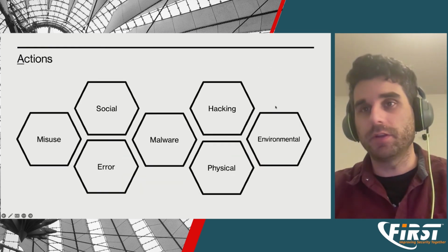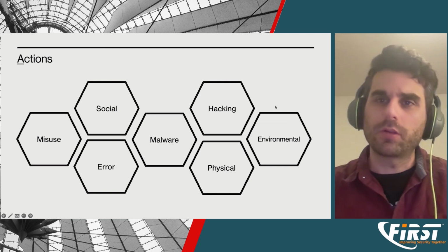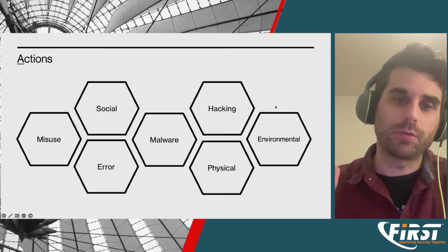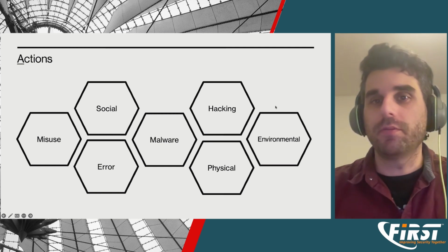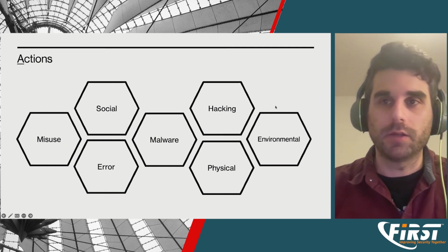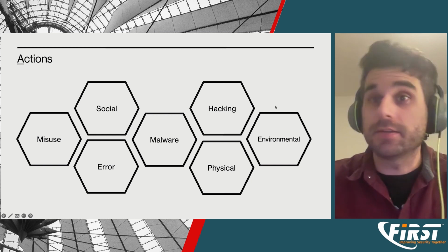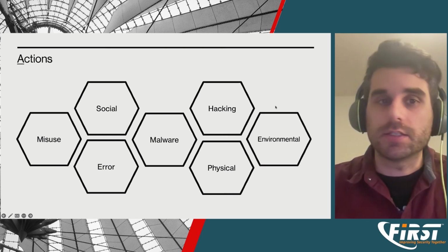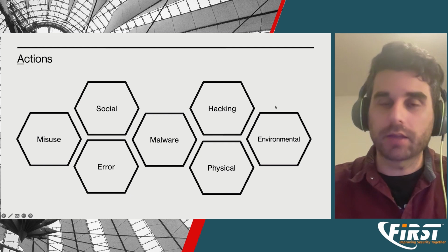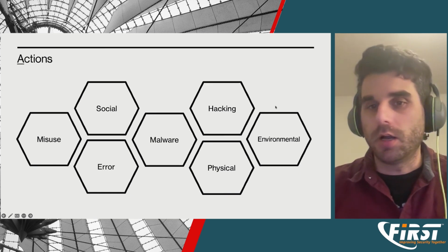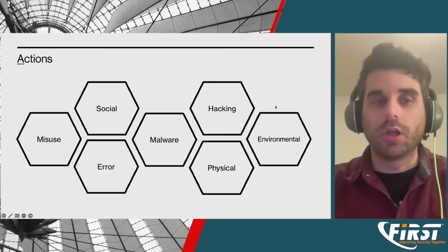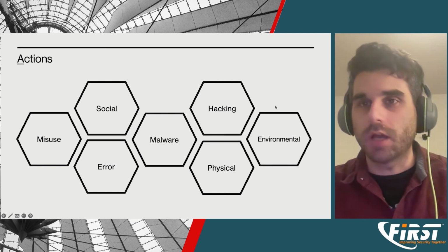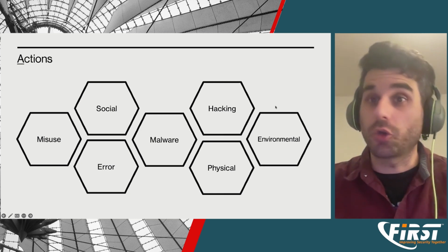Actions is really kind of the core, and this is one of the little more complex cases. Don't have to go through all of these, but basically we have it broken down in terms of what was the event that drove the incident. So was it a social engineering attack? Was it an error? Was malware leveraged? Were hacking techniques leveraged? Misuse is really kind of the internal actor, right?